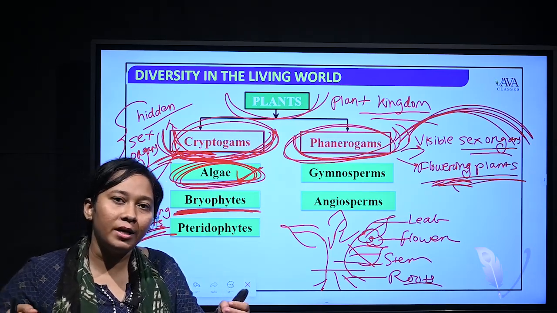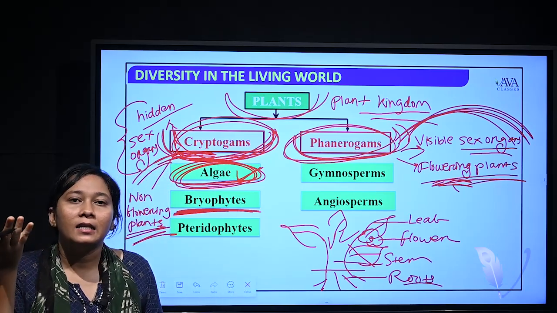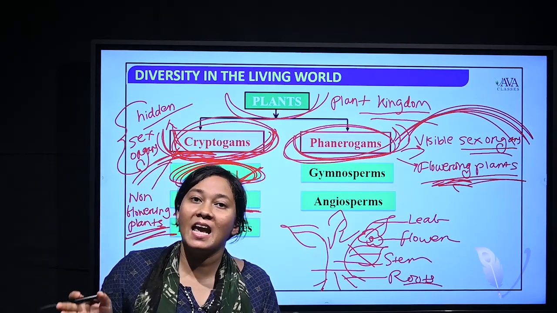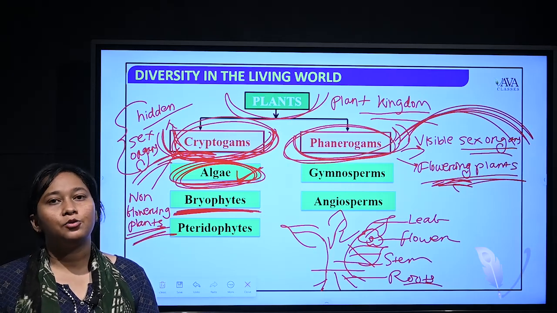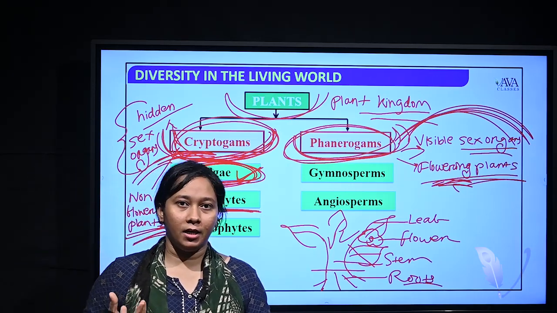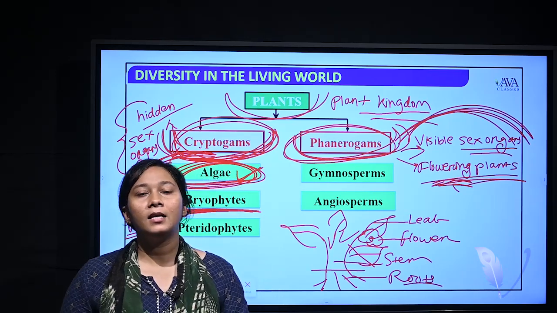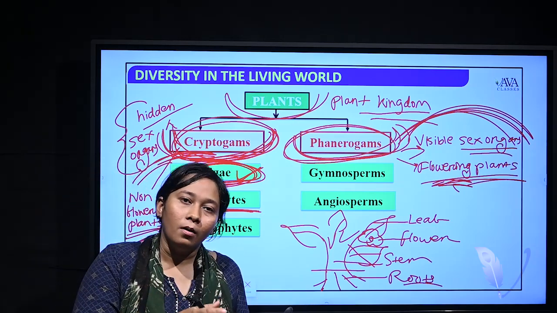Algae are generally very lower organisms. Their structure is thallus-like. Their root, stem, leaves are not easily identified. They are generally aquatic. See students, when life evolved on this earth, it is generally considered that life first evolved in the water.